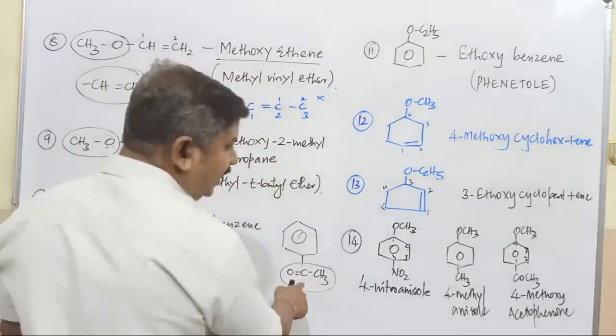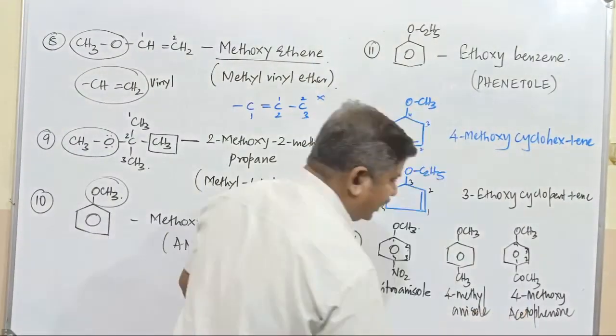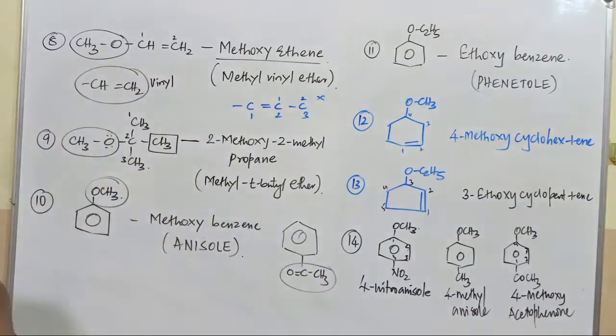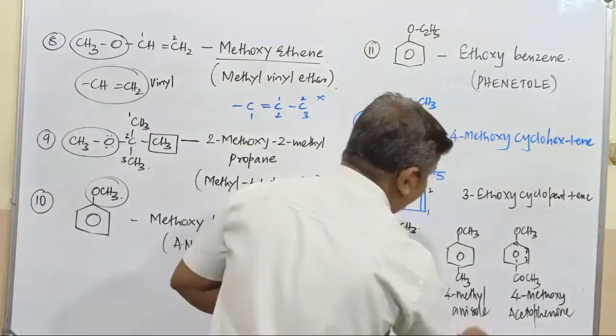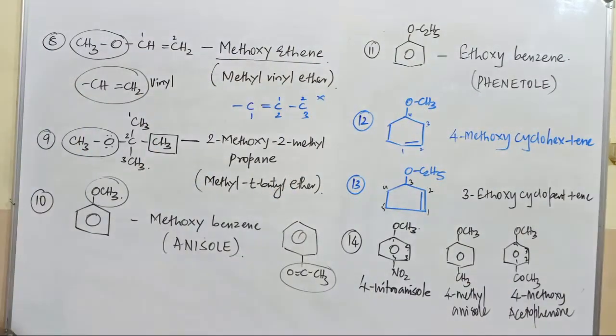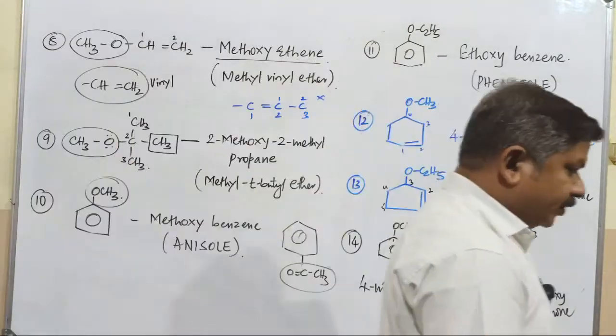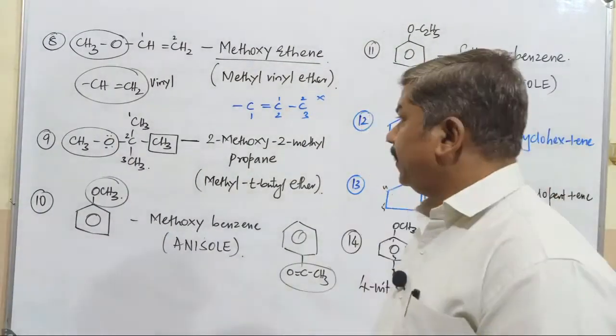Wherever a benzene nucleus with COCH3 is there, it is called acetophenone, that is a ketonic compound. So this compound is known as 4-methoxyacetophenone compound, right?